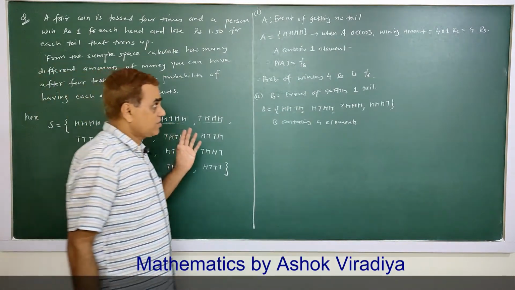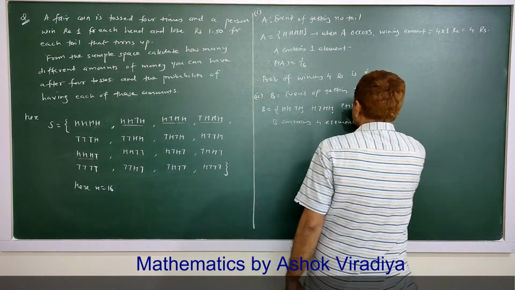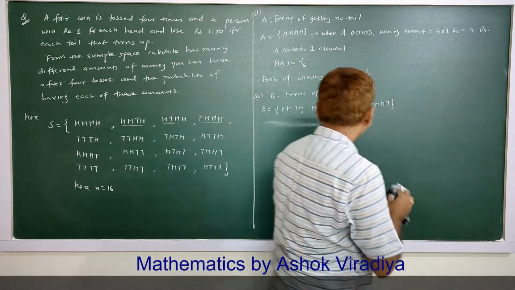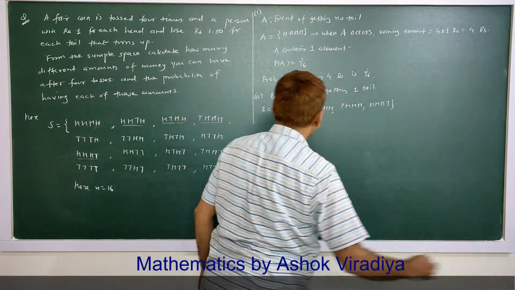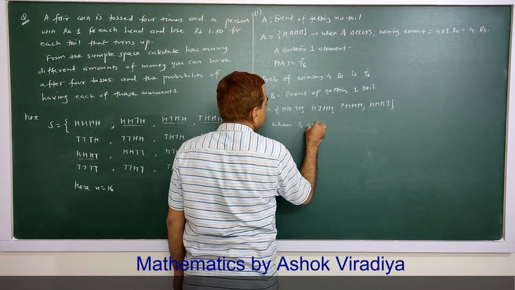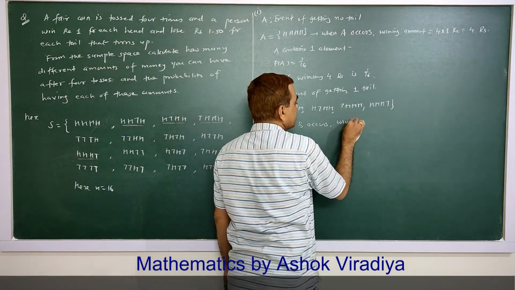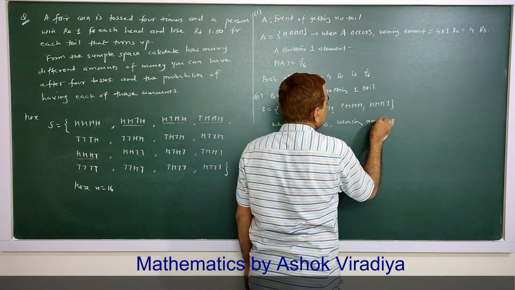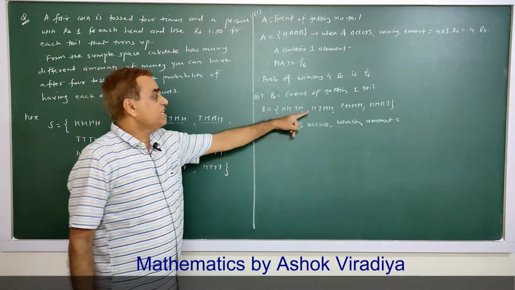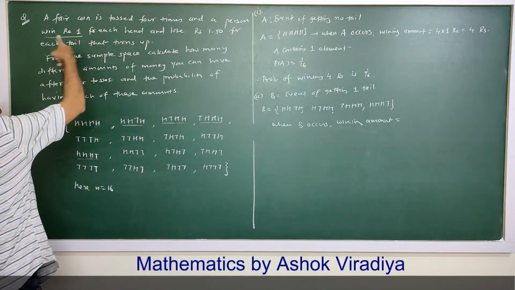When B occurs, the winning amount is, here I am adding one more statement before taking probability. When B occurs, the winning amount is: on 3 heads, on each head the person is winning 1 rupee.